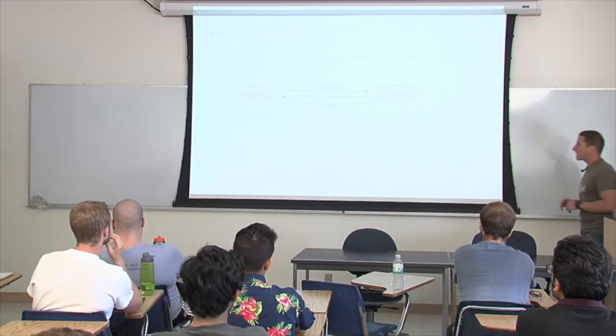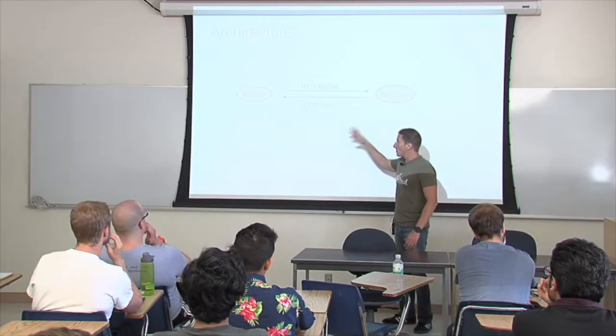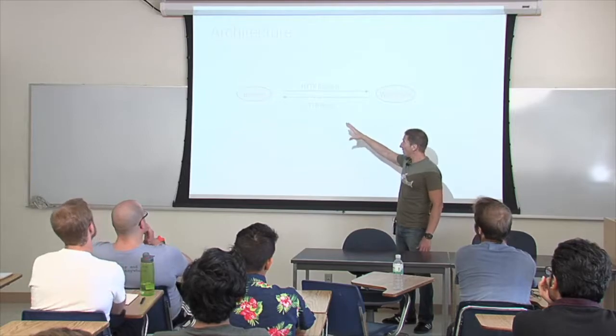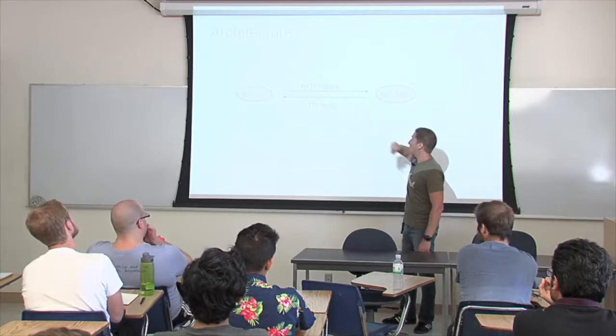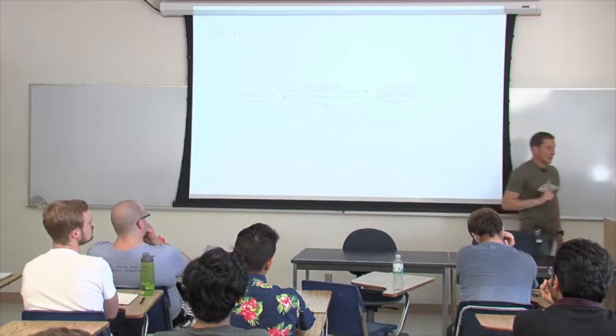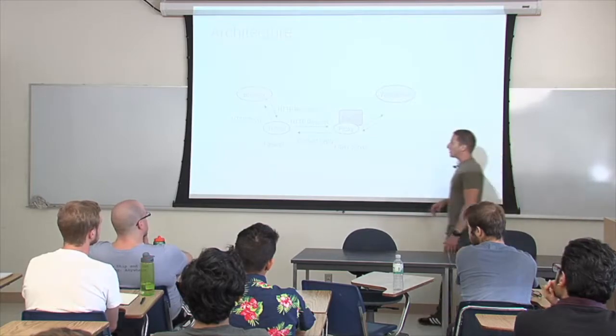If you look at the architecture of a web application, it is conceptually very simple. There is a browser or a client that performs a request to a server that replies. But of course, you can have intermediaries.